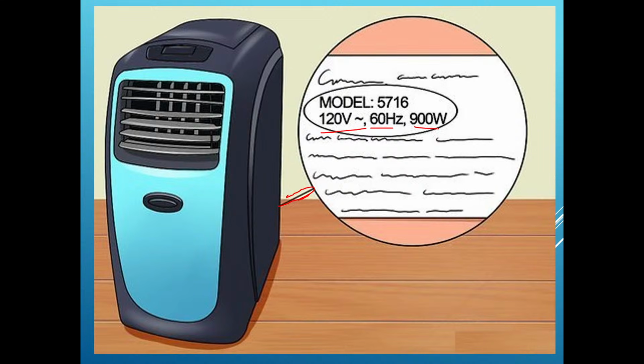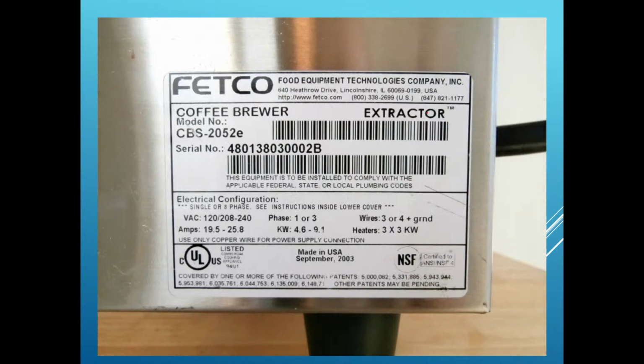So the power ratings of household appliances indicate the voltage at which the appliance is designed to work, and how much current the appliance will consume while operating. For example, I have one more image.